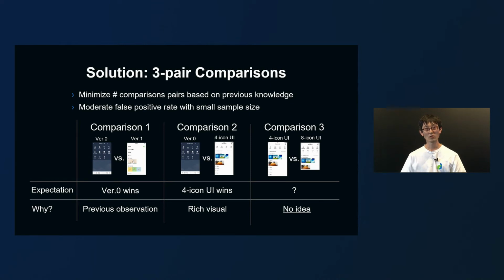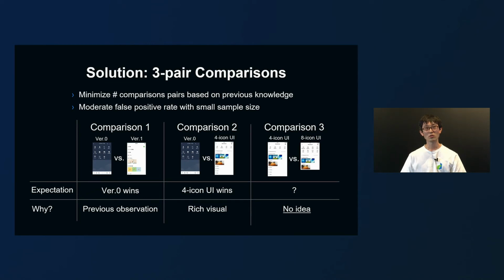Based on our prior research, we had expected version 0 would be better. The second comparison was version 0 and the 4-icon UI, a new UI candidate. We predicted that the 4-icon UI with rich visuals should have more click counts.